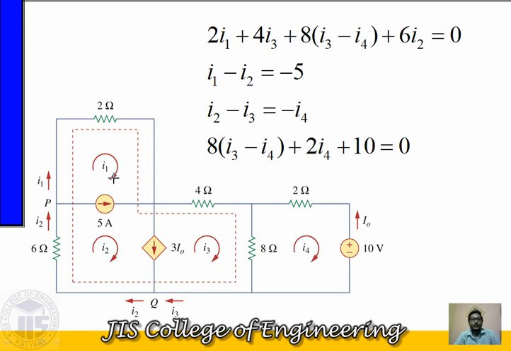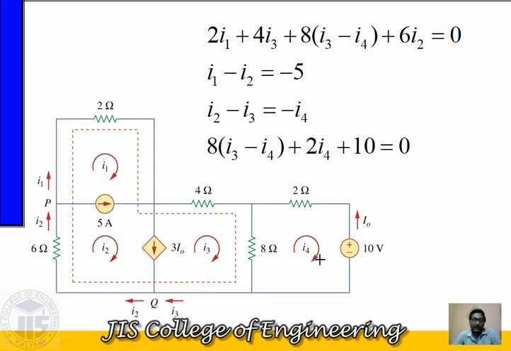As per the previous concept, for each individual small loop or mesh, just put the mesh current. As per your direction, consider this current as I1, this current in clockwise direction as I2, here the current I3 for this particular closed path, and for this closed path the current I4 in clockwise direction.